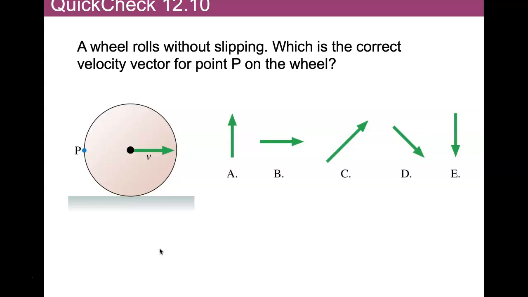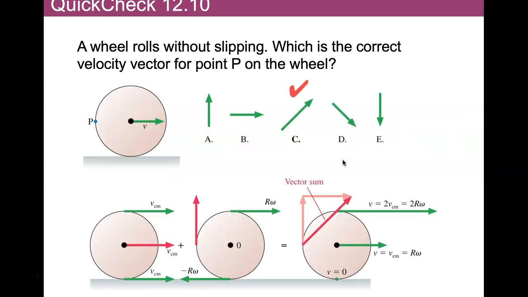The other picture is we can imagine rotating around the center. That gives us an upward velocity, but then we have to add the velocity of the center. So we get the vectorial sum of two vectors, one going from left to right and the other going up vertically. Again, C is the correct answer.